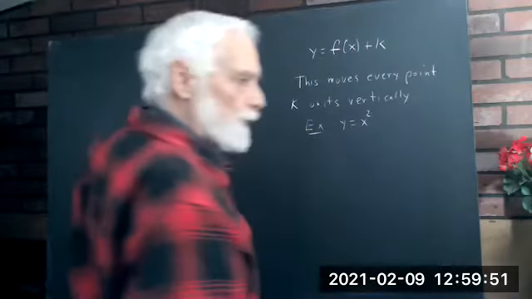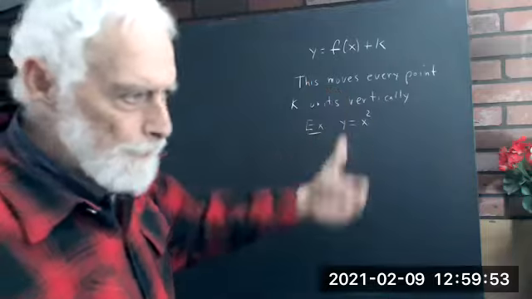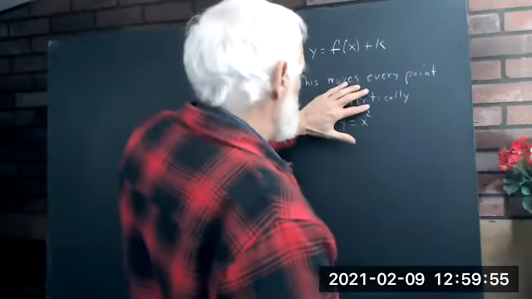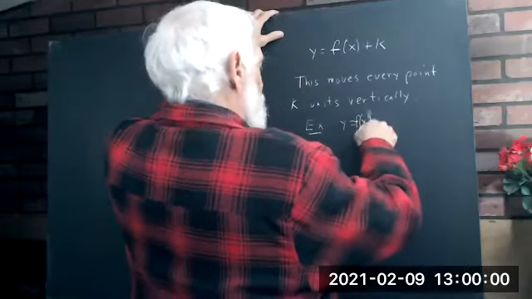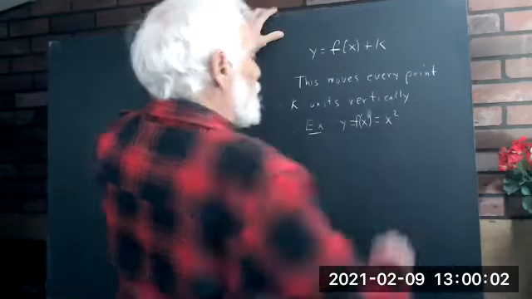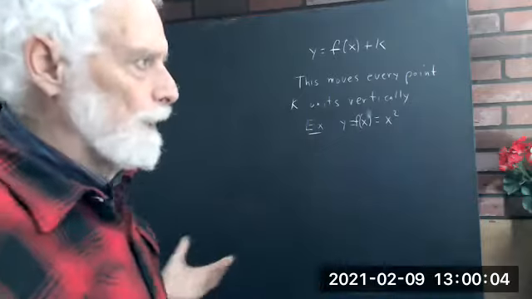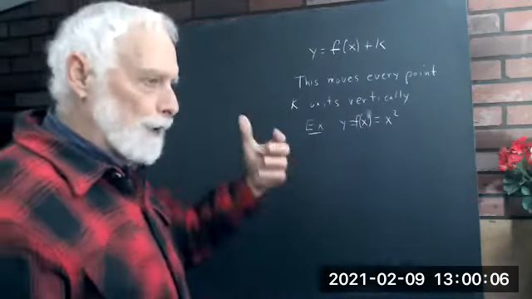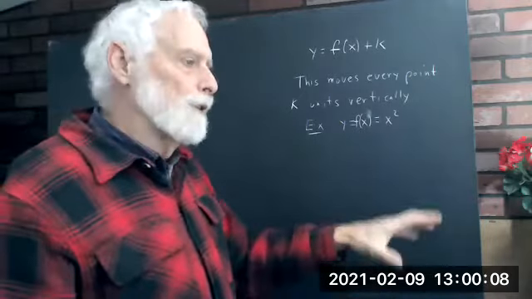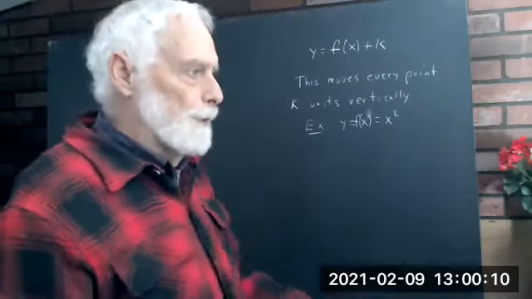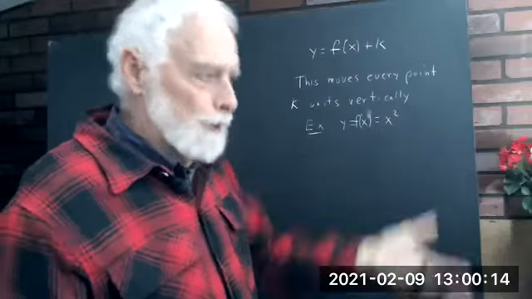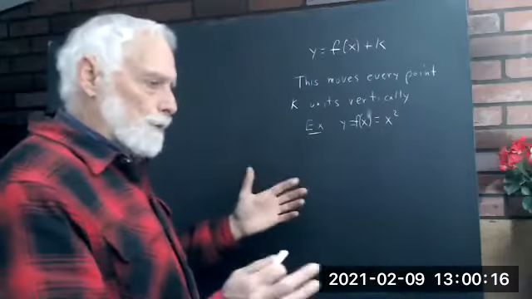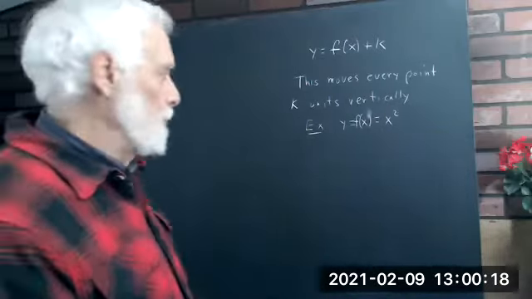y equals x squared is a good graph to use for an example, but the same thing will apply to any of the basic graphs. And I assume everybody can instantly make a table for any of the basic function graphs and construct the graph and the extended graph. That's something you absolutely need to be able to do.